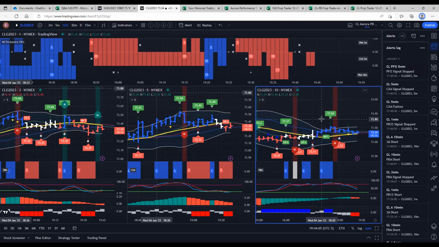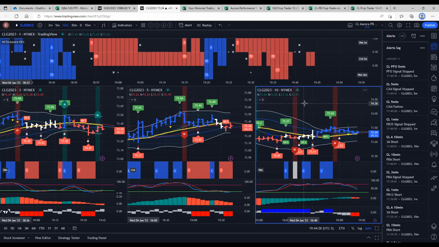And so we decided to start evaluating oil with the PB trades using as close as possible the rules that we use for the NQ PB trades, including looking at a 3-minute, 5-minute, 10-minute chart instead. And so that's what we've been looking at with oil.